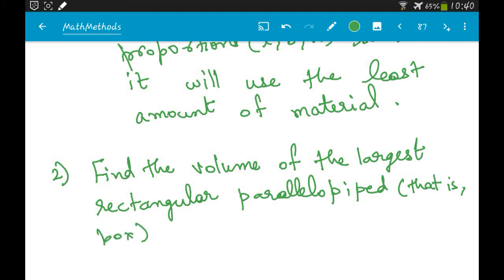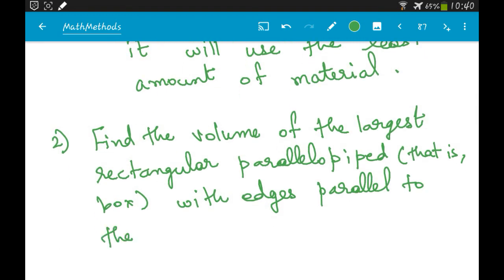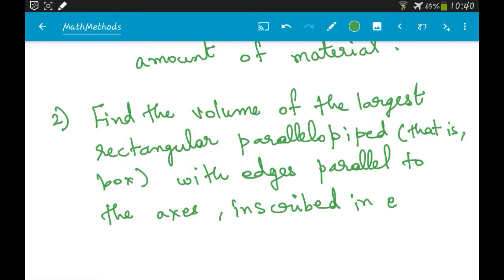So find the volume of the largest box with edges parallel to the axis inscribed in an ellipsoid.